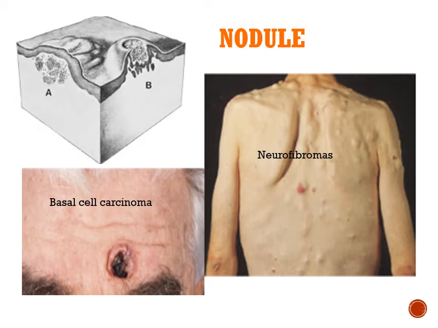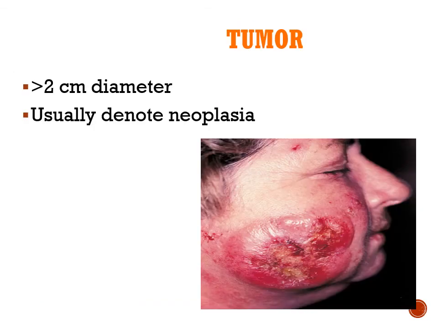In the picture, we can see examples of nodule in basal cell carcinoma and neurofibromatosis. A tumor is a soft or firm, freely movable or fixed mass in various sizes or shapes. It is generally greater than 2 cm in diameter, and their consistency depends on the constituent of the lesion. Tumor is usually used to denote neoplasia.